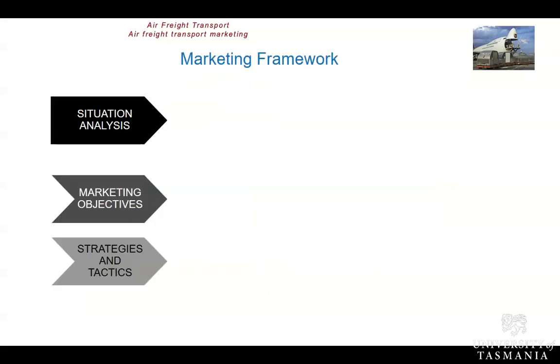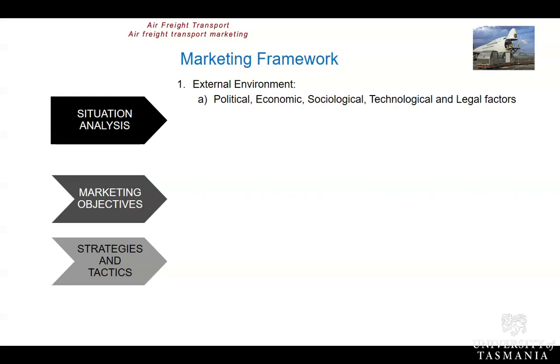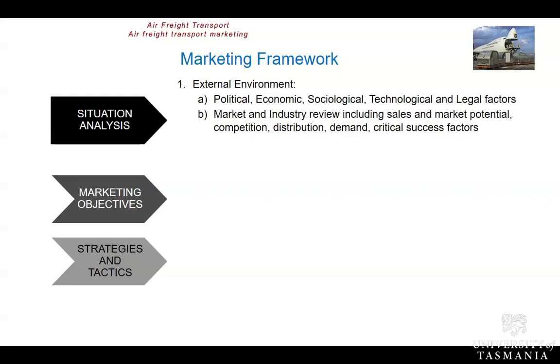So in a little bit more detail, the situation analysis is made up of 2 parts. It's understanding what's happening outside of your business and it's understanding what's happening inside of your business. So there's two different elements, and in many ways it's the current situation as it stands at that particular point in time.